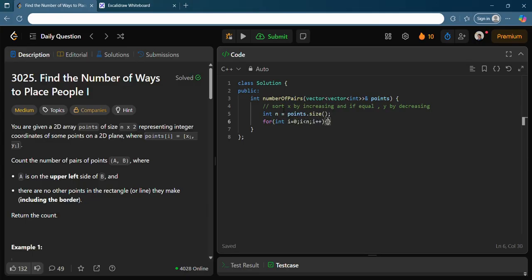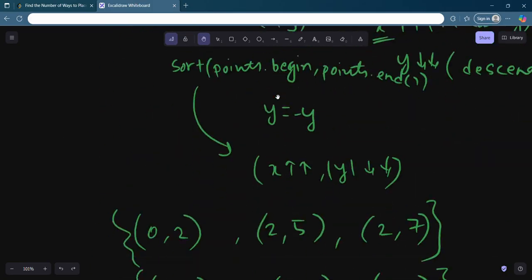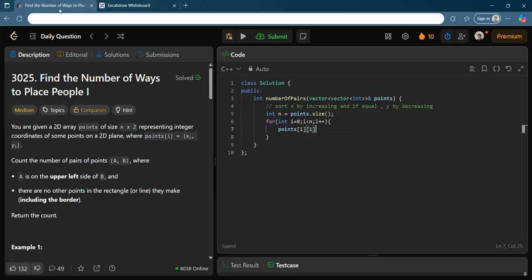What you do is take points of i, index 1, the y coordinate. As I was telling you, in order to sort, you just negate your y coordinate. So you're just taking the y coordinate and negating it, doing nothing much.